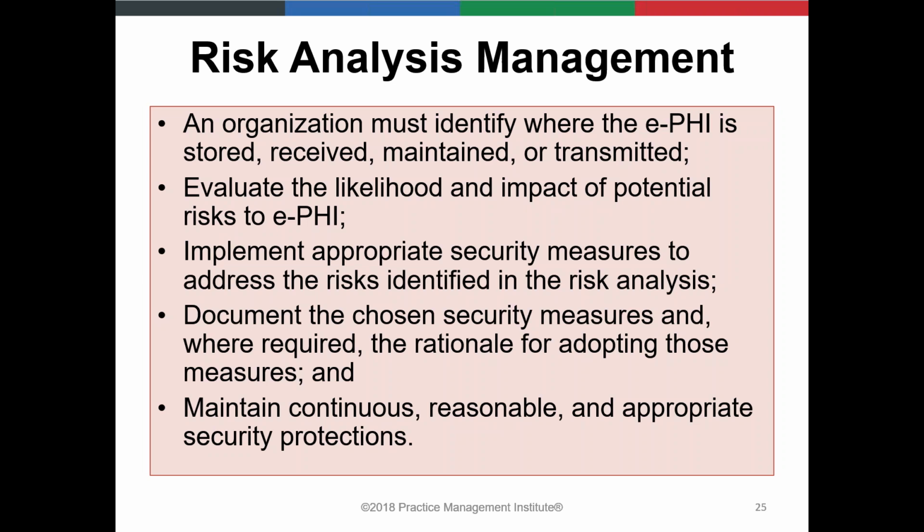So if you do a risk analysis and you feel that there are areas within your HIPAA security that are at high risk for a possible hack or capture or stealing of ePHI or disclosure of ePHI, not only do you document that, you document what security measures you're taking to close that risk up, okay? And then maintain continuous, reasonable, and appropriate security protections.